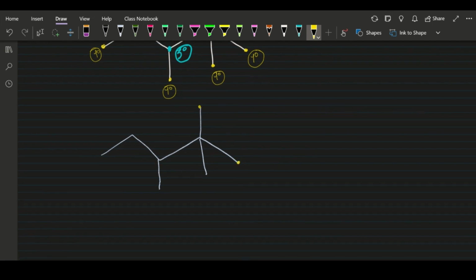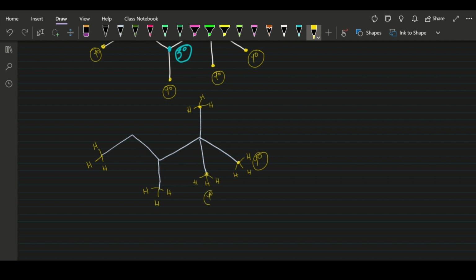So these are all also going to be primary hydrogens, because their carbon is primary. Their carbon is connected to one carbon, therefore it makes them all primary.